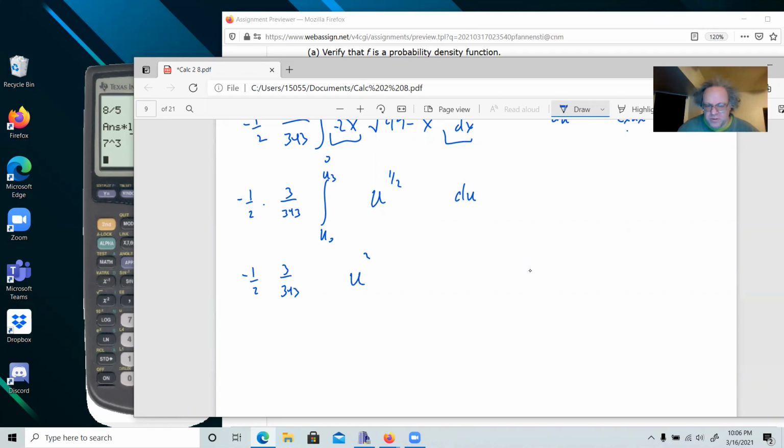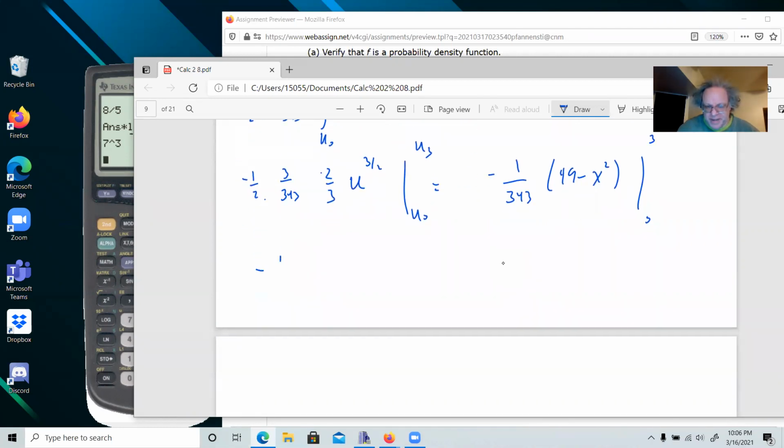And that's going to be u to the 3/2 times 2/3. And we're going from u0 to u3. This is equal to, that cancels, so we get negative 1 over 343 times 49 minus x squared, going from 0 to 3.